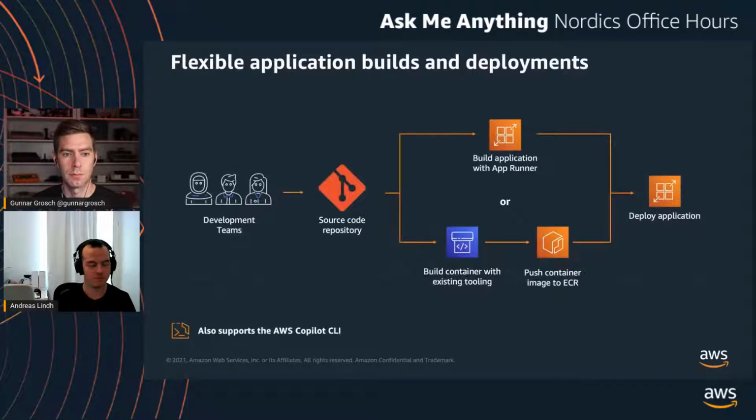So boring stuff out of the way. This is what we'll be doing today. We'll be putting on the shoes of a development team. We're going to use a sample application. It's a super simple little Python Flask app that sits in a source code repository.